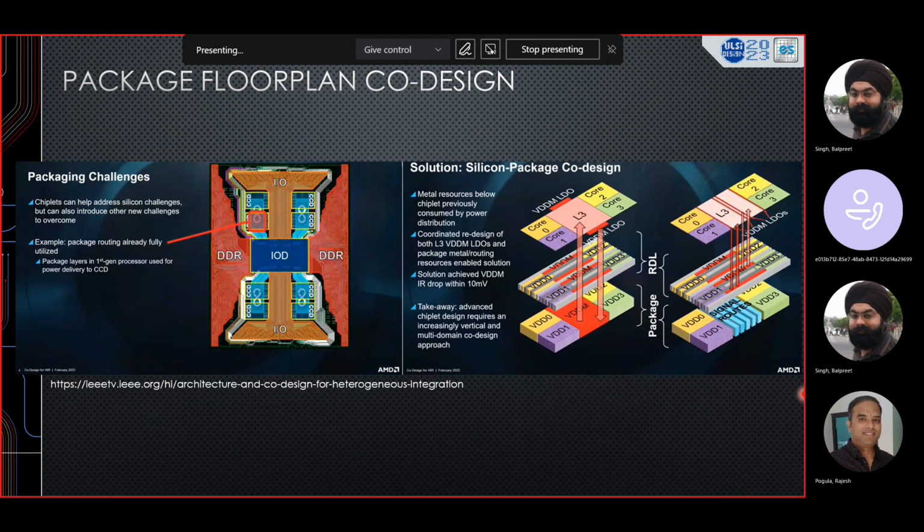So here is one good example I wanted to show of how co-design helped AMD come up with a good chip, right? So if you look here, there are the CCD dies, right? There are multiple CCD dies, and they need to talk to the IO die, right? Now, in the previous generation, they did not stack it like this. They probably had like 4 chiplets, let's say, right?